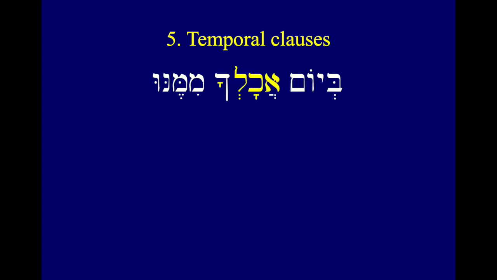There are some times where the Qal infinitive construct makes sense in terms of like a temporal clause, like in terms of something about time. So bayom achalcha mimenu. So on the day, eating of you from it. So on the day that you eat from it, or when you eat from it, is how this is often translated in English.